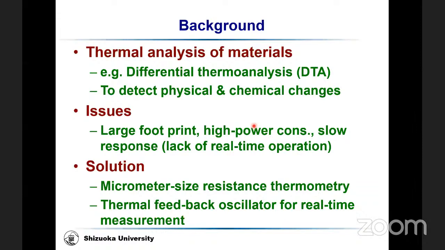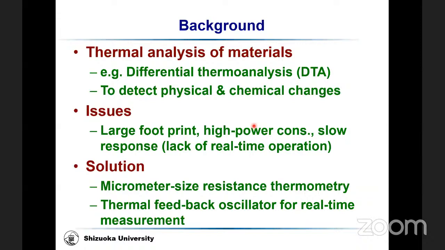But there is an issue for the use of such an analytical tool for real-time sensing of the environment because it has a large footprint and also consumes high power, and also the response is rather slow because the measurement equipment has to sweep the temperature.